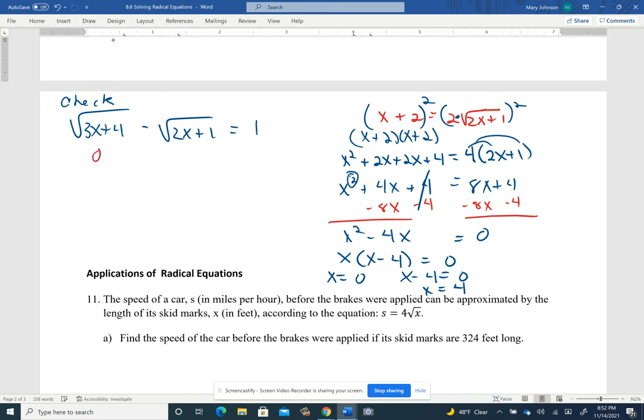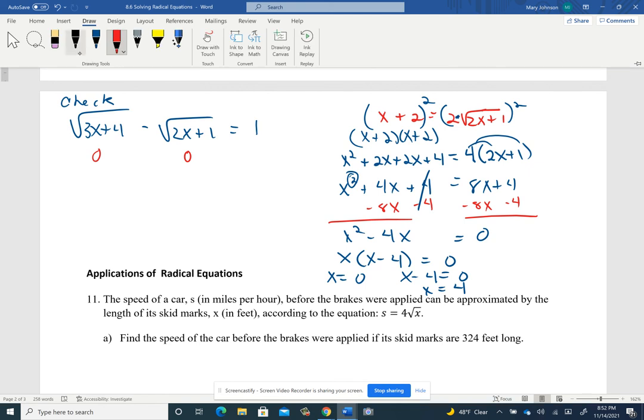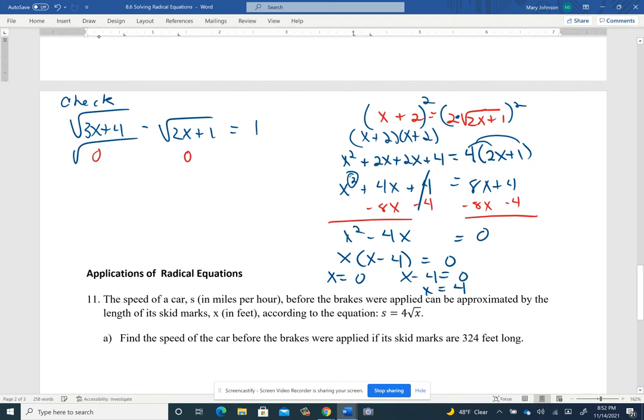So if I put a 0 here and here, let's see what we get. We're trying to find out, do we get 1? So that would be square root of 4 minus the square root of 1, which would be 2 minus 1, which would equal 1 like it's supposed to. So 0 works.